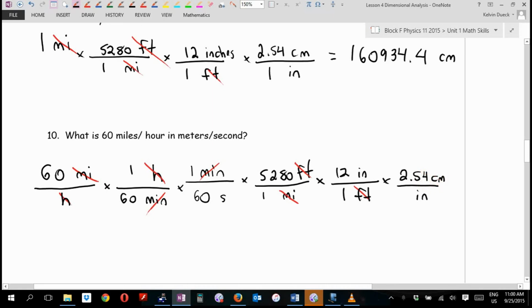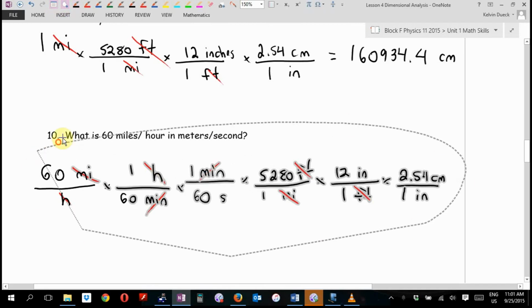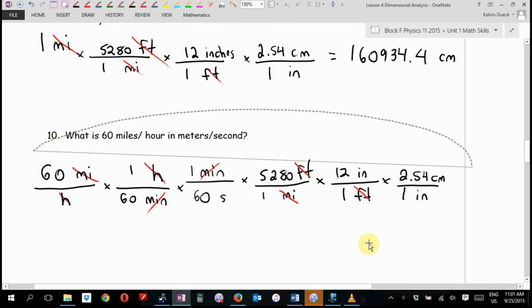Now, to be honest, I lied to you. I've taught this lesson enough times that I have now memorized that 2.54 centimeters is 1 inch. I almost wish I hadn't because I didn't mean to, but okay, so I can now go straight to there is 1 inch. Are you guys able to fit this on one line? I'm going to try. I'm going to do this trick again. Nope. Try that again, Mr. Dueck. Get the whole thing.